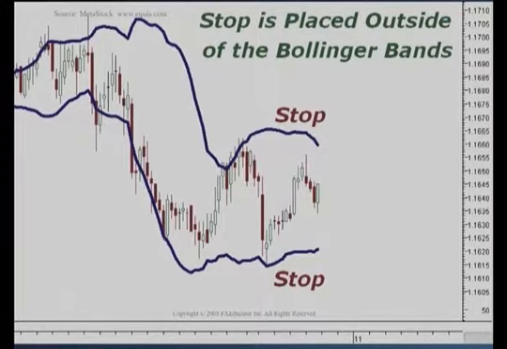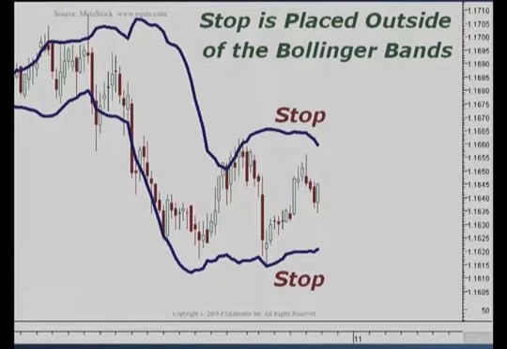What you see are the bands that are located 2 standard deviations above and 2 standard deviations below the moving average. Now, a standard deviation is a statistical measurement, and if we're using 2 standard deviations, which we are on this chart, that means that 95% of the activity should occur within the bands.